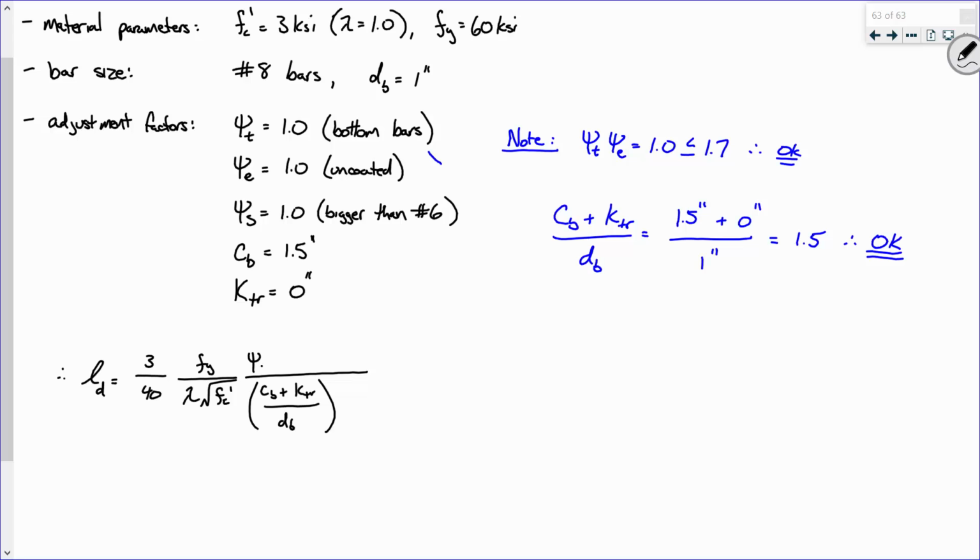Then we have psi t, psi e, psi s, then all of that over dB.